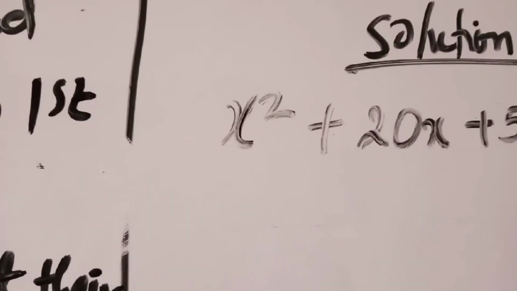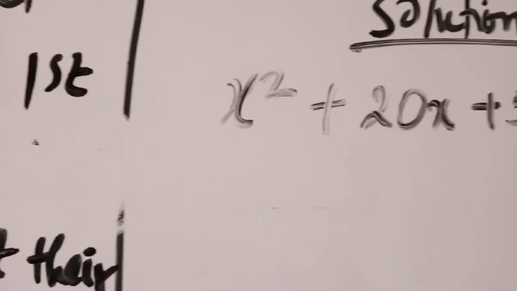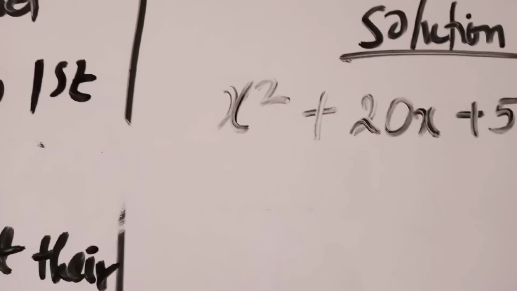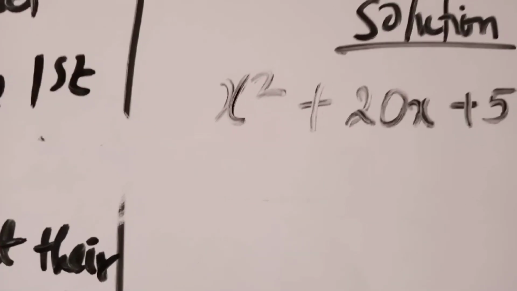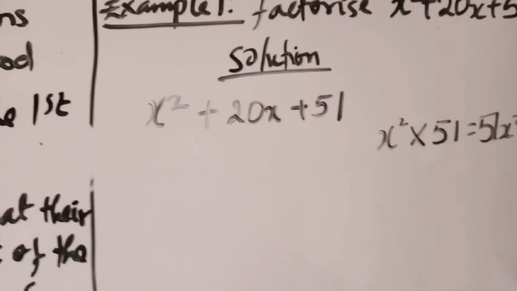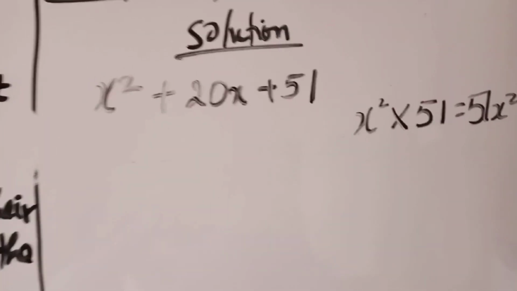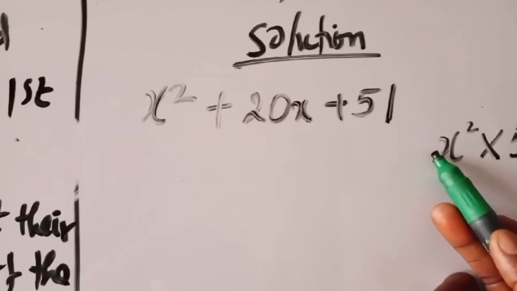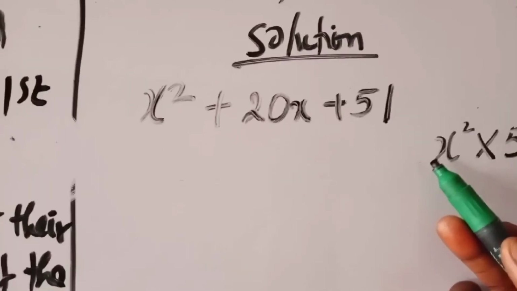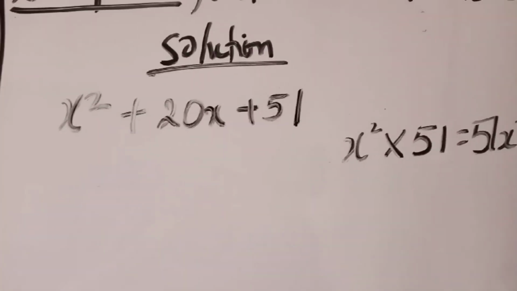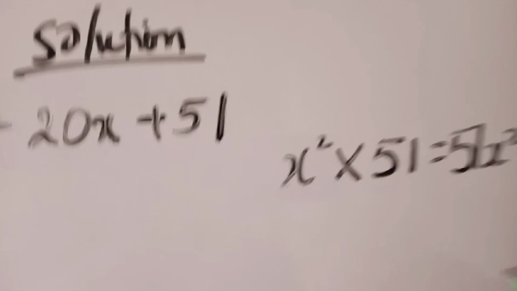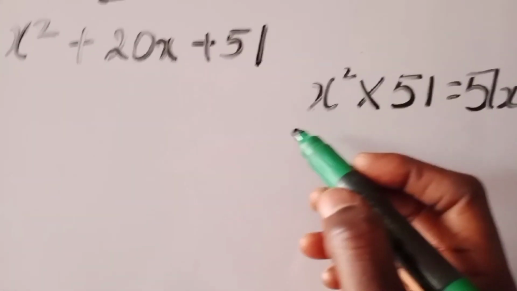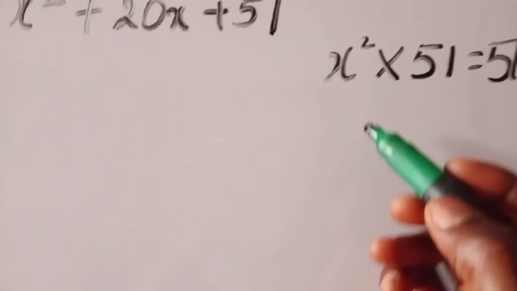Don't forget that x squared times 51 will give us 51x squared. The coefficient of x squared here is 1. That is why we're not writing anything there. Now we're looking for two numbers that when we multiplied together give us 51x squared.